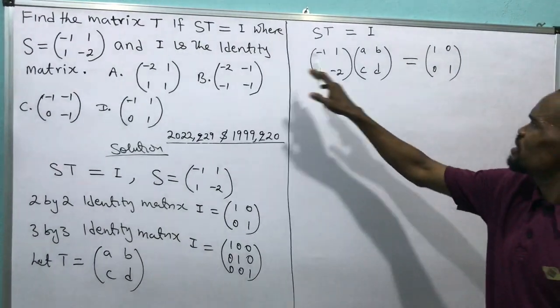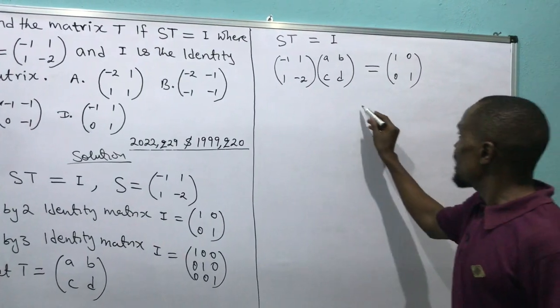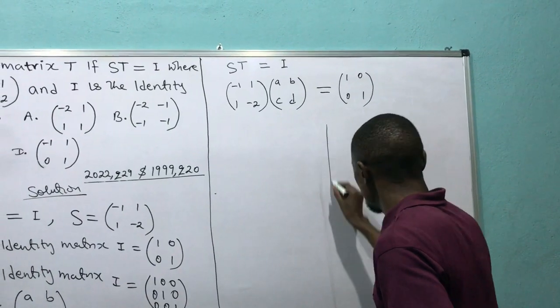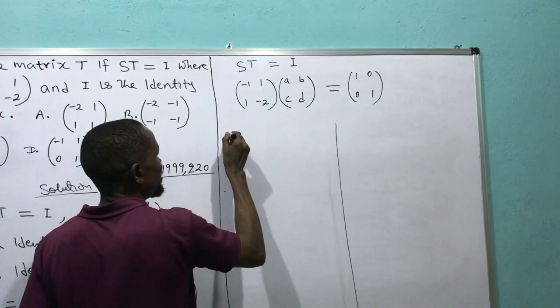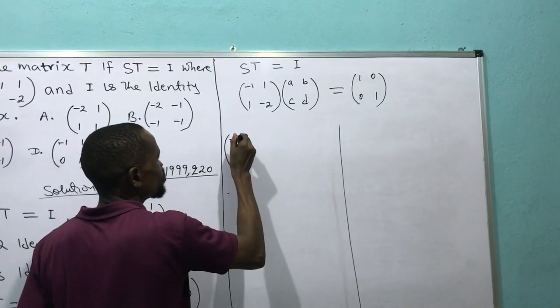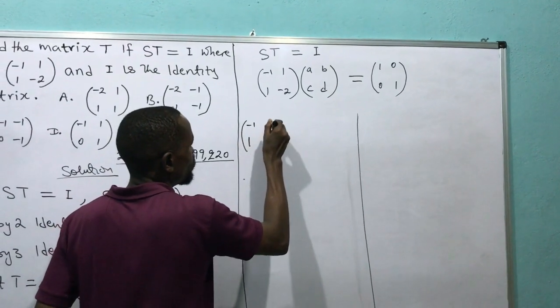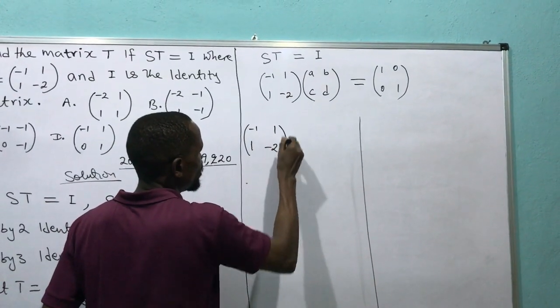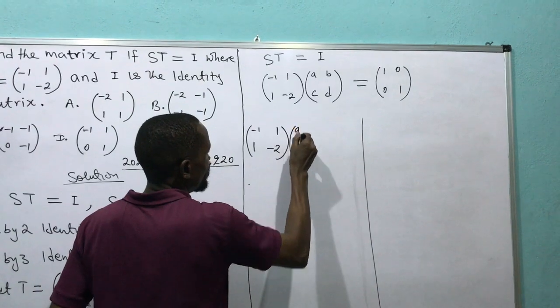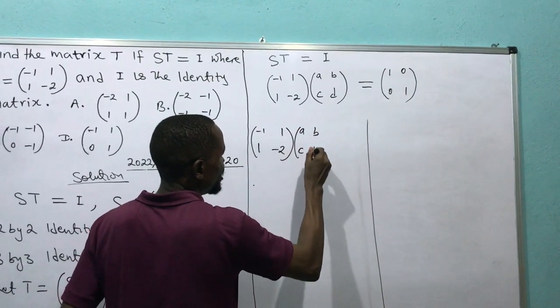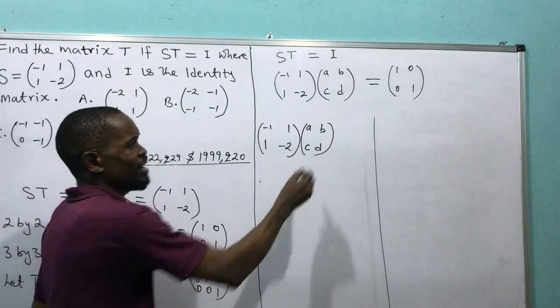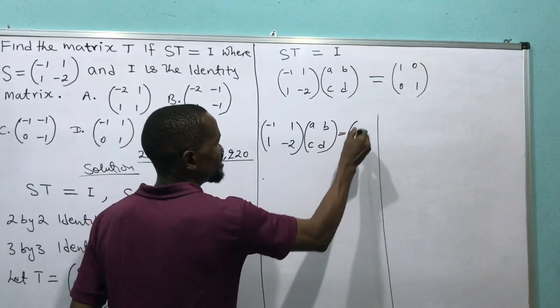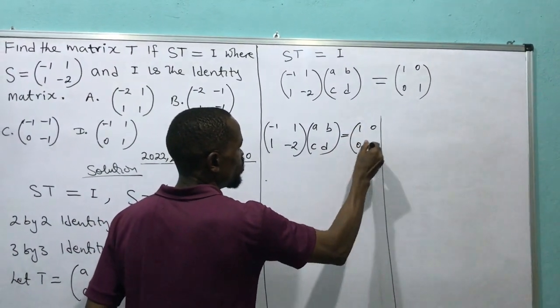So I have equated this. Now I'm putting this into two rows like this: minus 1, 1, 1, minus 2, multiplied by A and C, B, D, equals 1, 0, 0, 1.